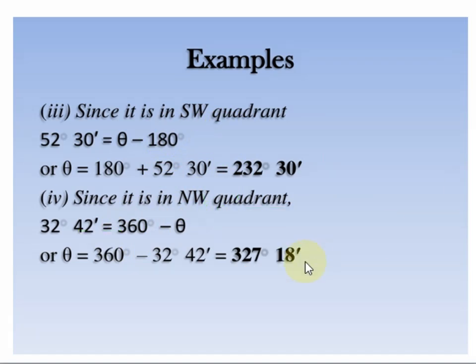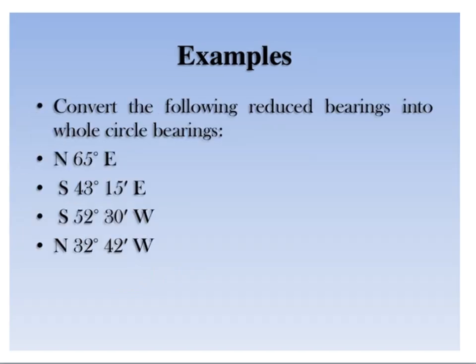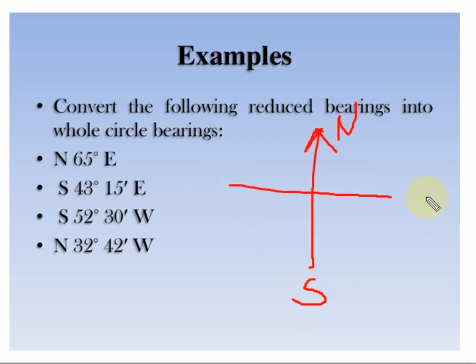Then again, what is given? North 32 degree 42 minutes. So if I draw the given diagram, here I can draw. This is north, south, east, this is west. So north 32 degree 42 minutes west.